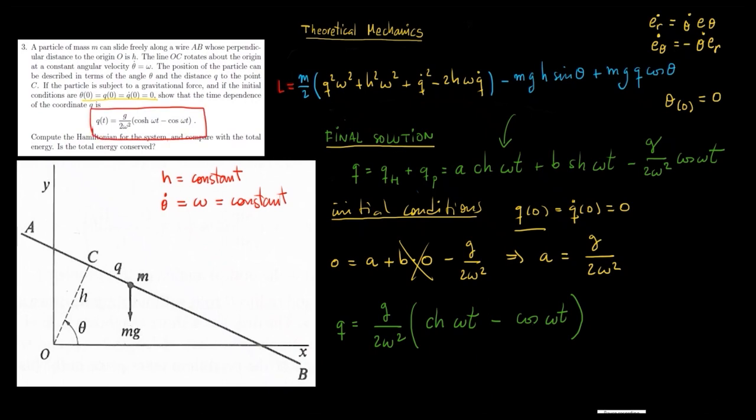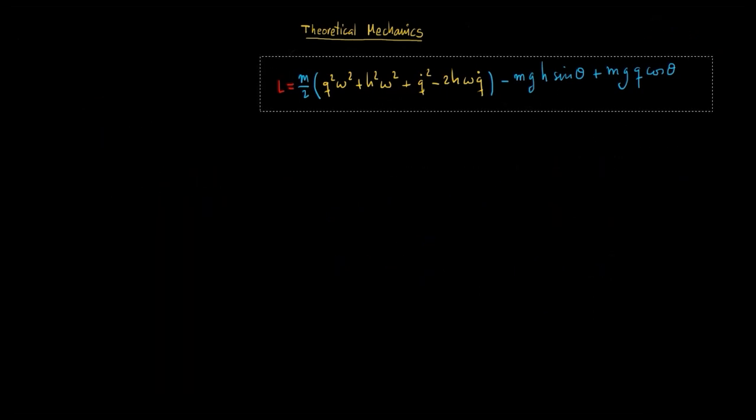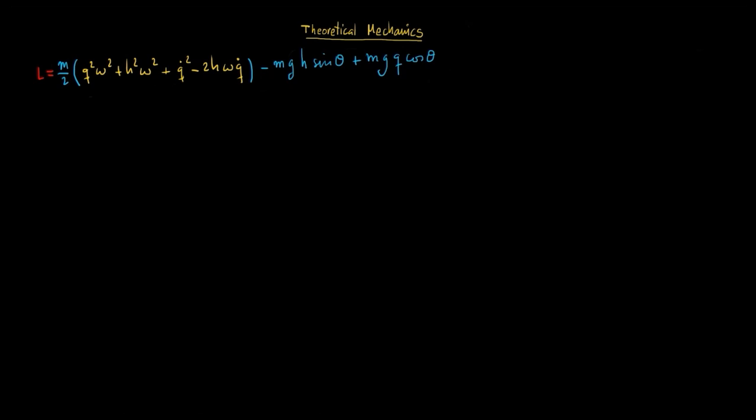Okay, let's now compute the Hamiltonian. Let's put this to one side because the only thing we need is the Lagrangian. Let's compute first of all the canonical momentum, that is P, and as you know, the definition is partial derivative of L with respect to q dot.